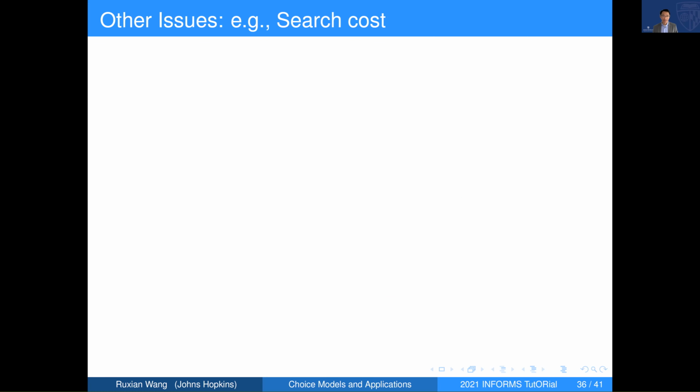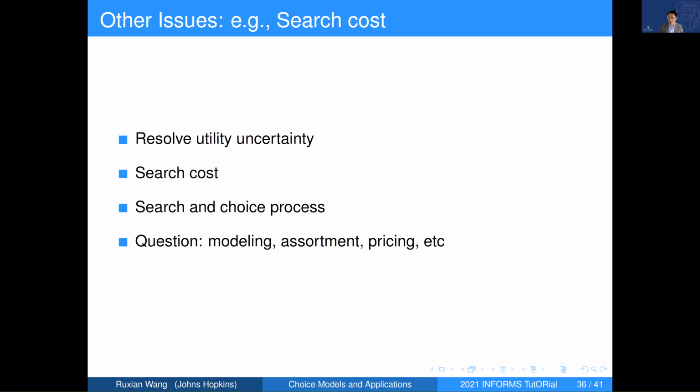Another issue is about the social cost, because here we consider rational consumers. There may be some uncertainty regarding product utilities. In practice, consumers collect product information without utility uncertainty.